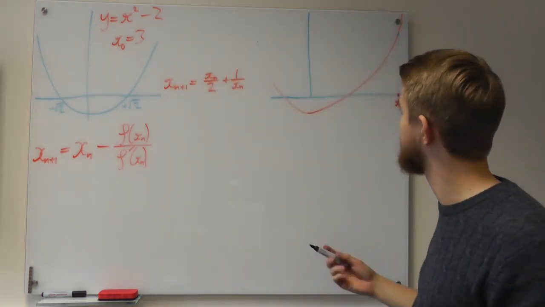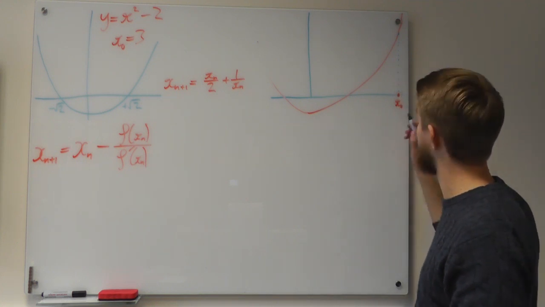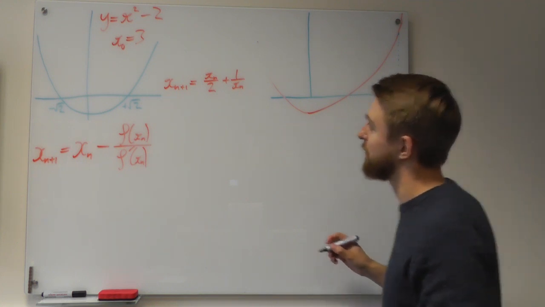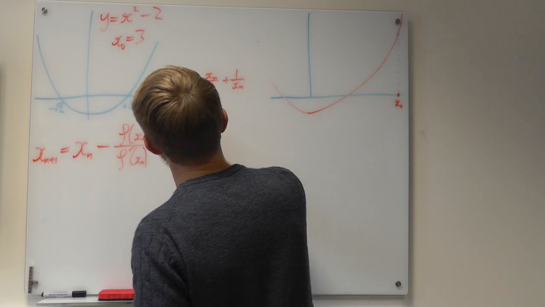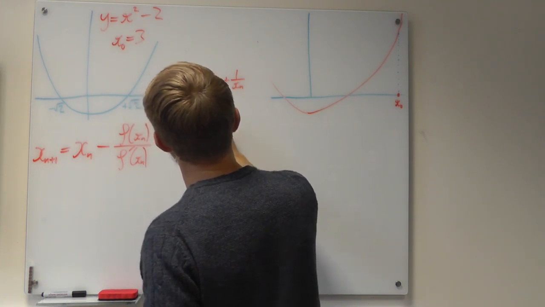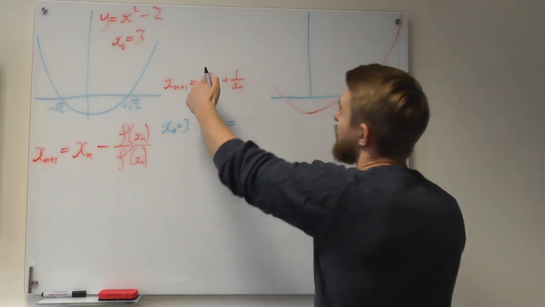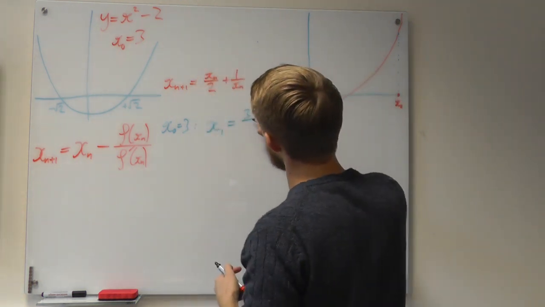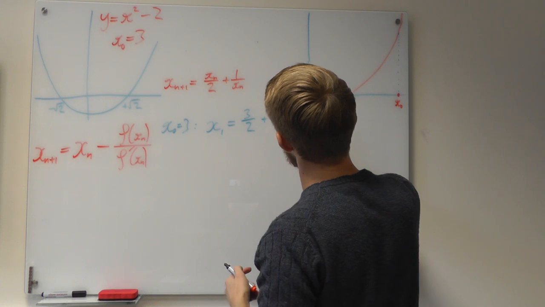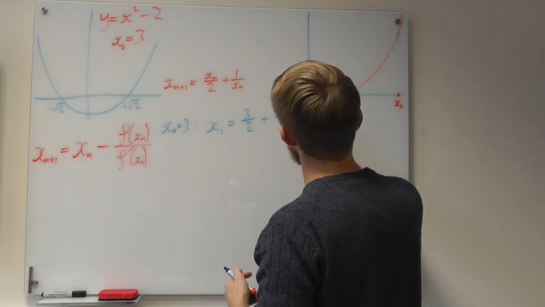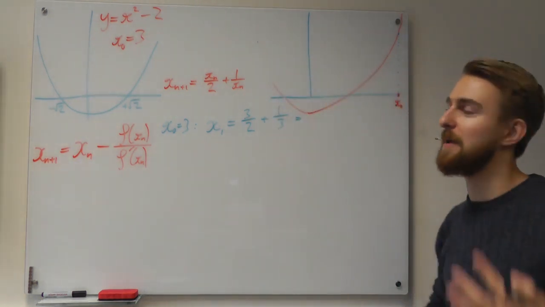Right, so this equation is each iteration of the Newton-Raphson method for this particular function, y equals x squared minus 2. So let's start. So if we start with our initial guess of x naught equals 3, x1 is going to be 3 over 2 plus 1 over 3. We can think about that.